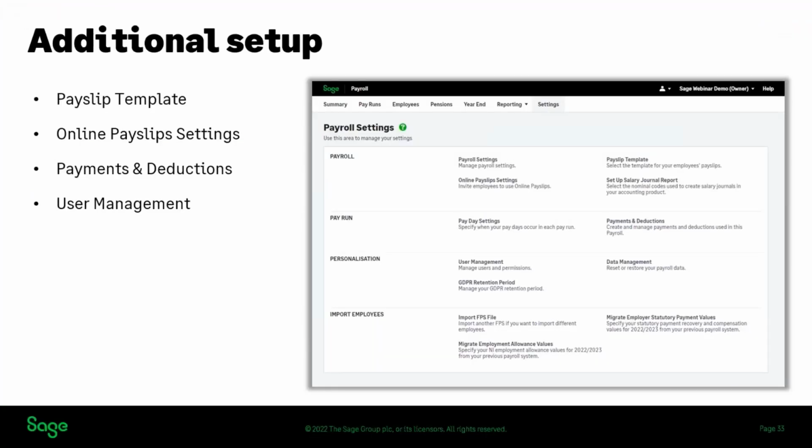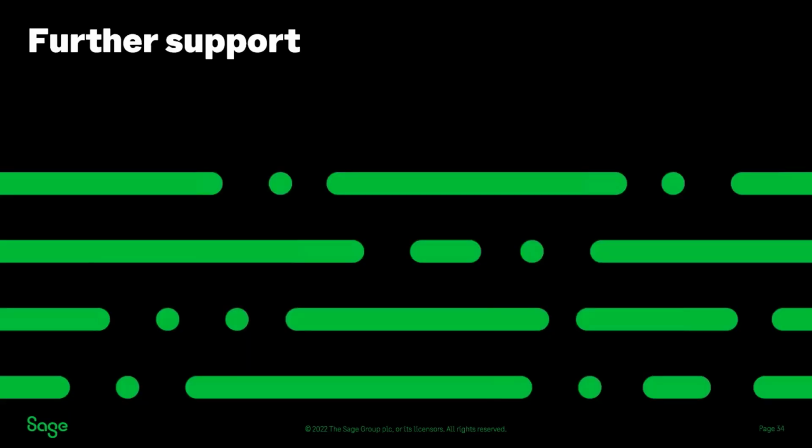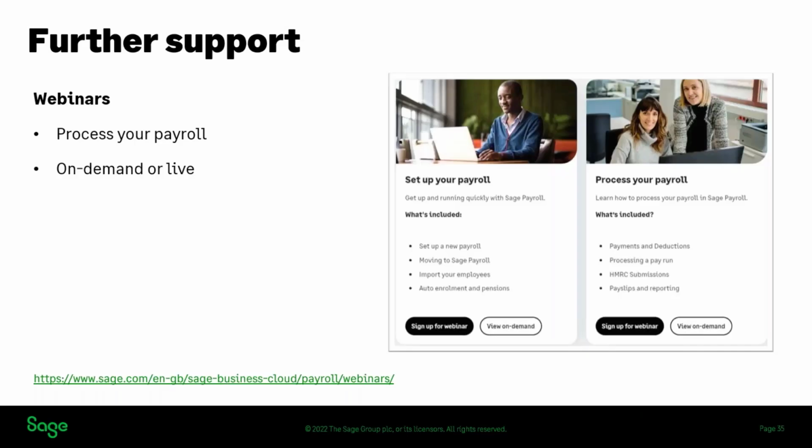So that's about it for the presentation, but as promised, I'm now going to run through some of the further support that's available, and you now have an opportunity to submit any of your final questions. So in terms of further support, we do have another webinar that follows on from this one, all on processing your payroll.